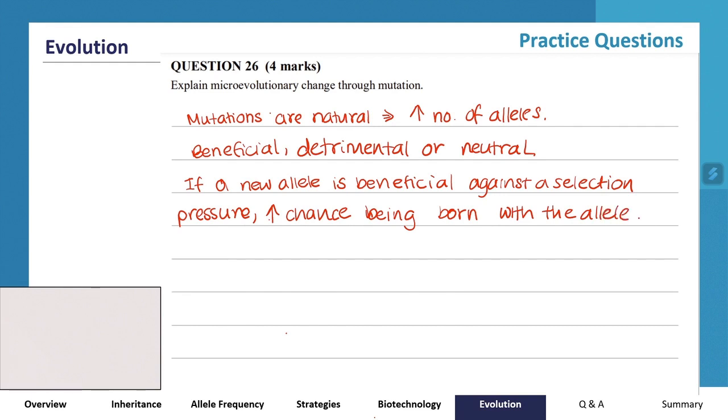If this happens over multiple generations, this continues to occur over time.